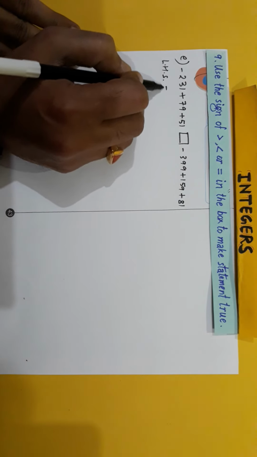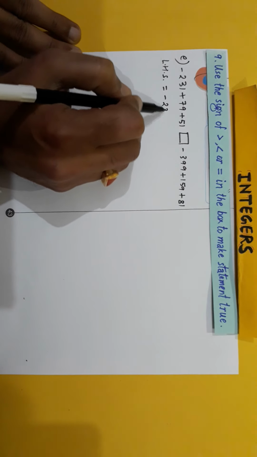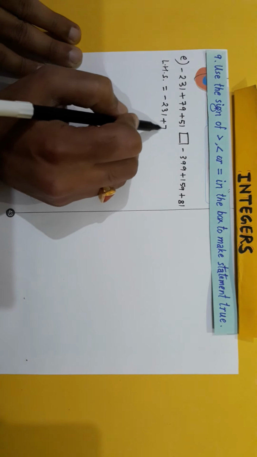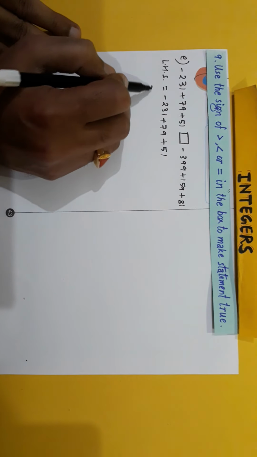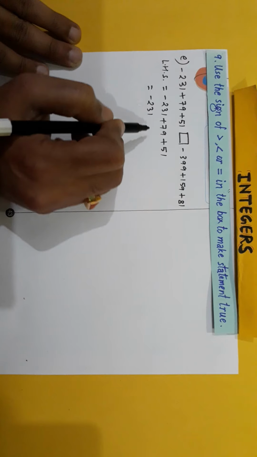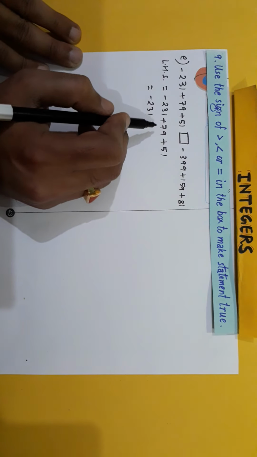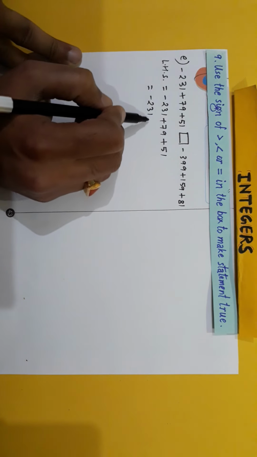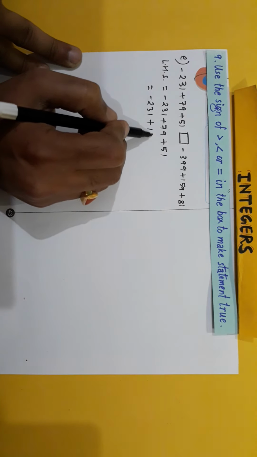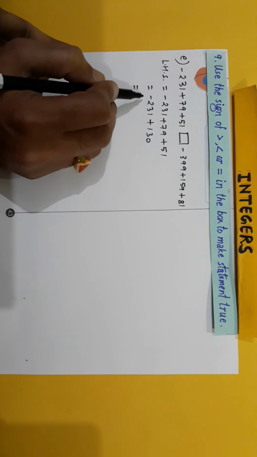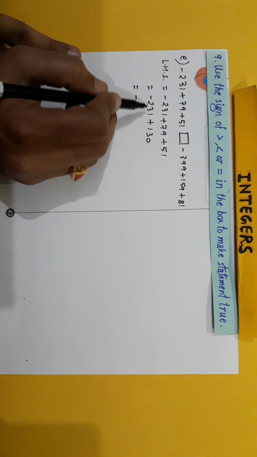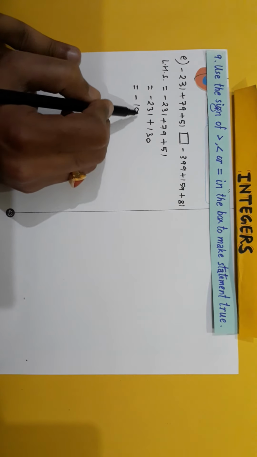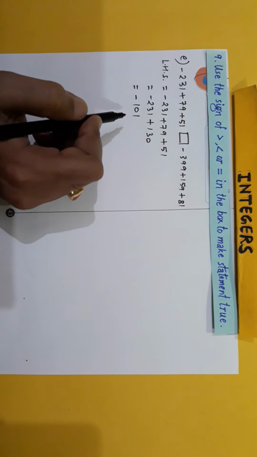In LHS, the number that we have is minus 231 plus 79 plus 51. Now what we are doing is minus 231. When we add 79 and 51, then we get 130. And they both have two different signs, so we'll subtract and we'll put a minus sign because this has greater absolute value. So minus 101.